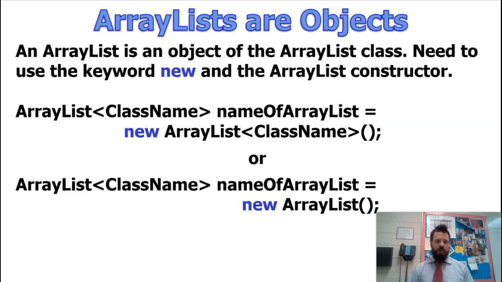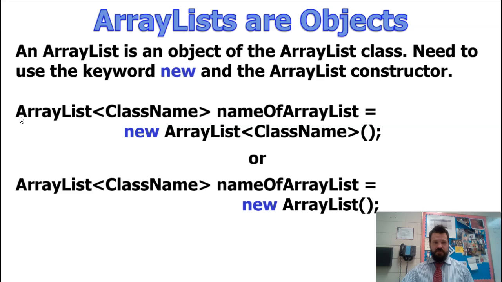So once we've imported the ArrayList class, we can start using it. An ArrayList is an object of the ArrayList class, and you need to use the keyword new and the ArrayList constructor to use ArrayLists. What I have here are two different ways of creating an ArrayList, and as you can see, neither of them fit in this slide, so it's kind of a long line of code. Let's walk through that.